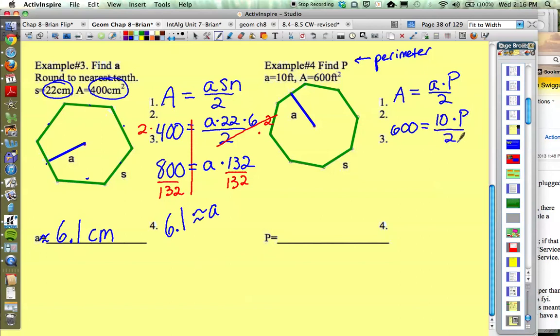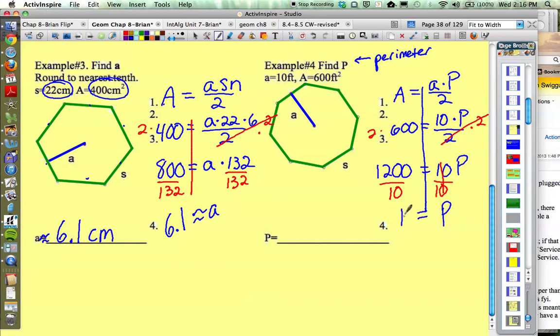All right, let's do our algebra here. Again, to undo the dividing by 2, we multiply both sides by 2. 2 times 600 is 1,200, and 1,200 is equal to 10 times P. Now we undo that multiplication by dividing both sides by 10, which cancels out the 10s, and our perimeter is equal to 120.